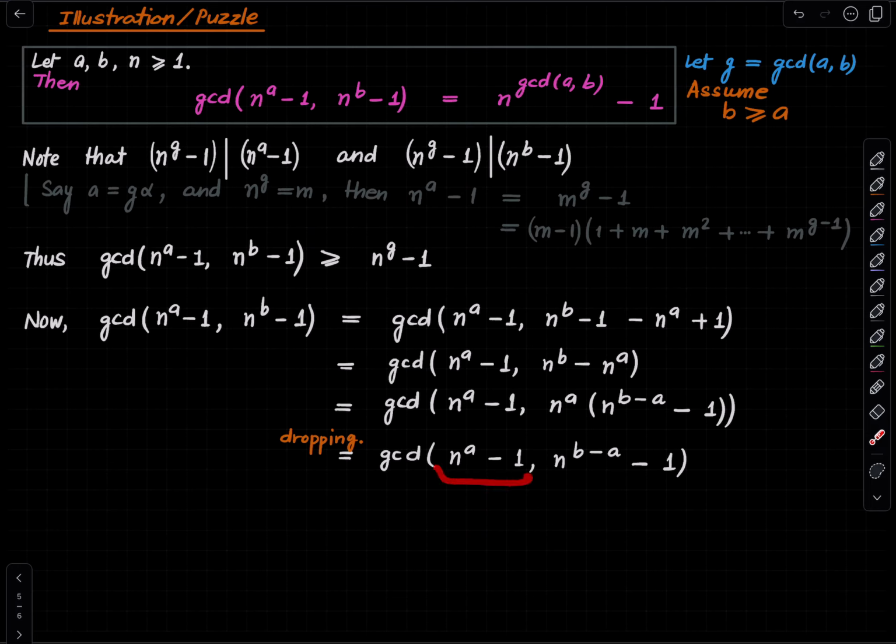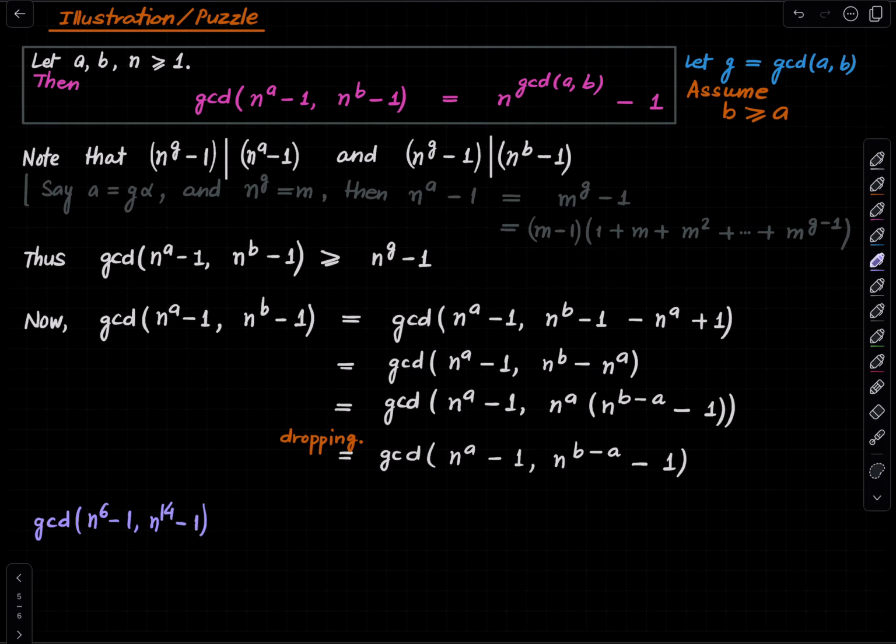One of these terms will be n to the power G minus 1, or let me explain that by some example. So suppose we are dealing with 6 and 14. So GCD of n to the power 6 minus 1 and n to the power 14 minus 1.